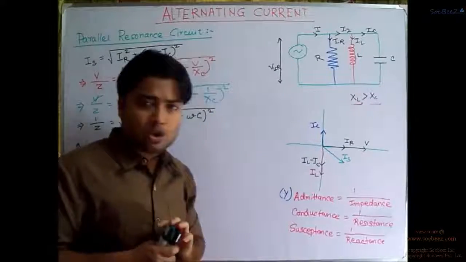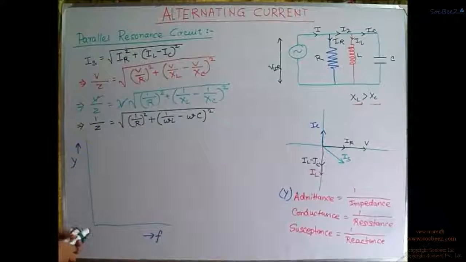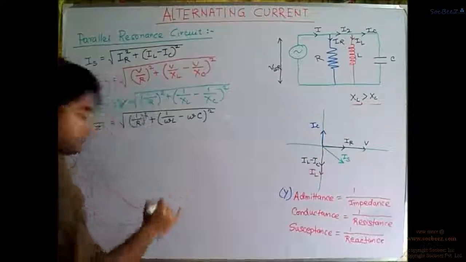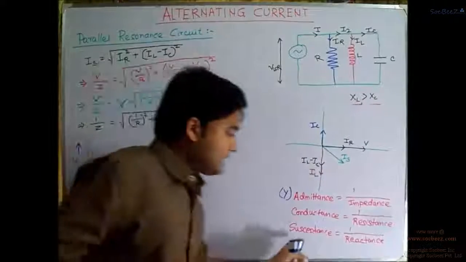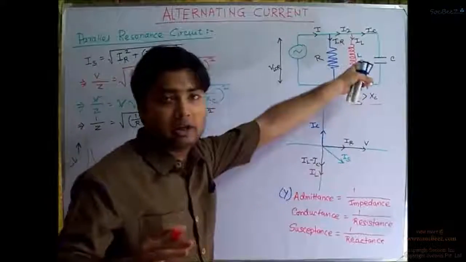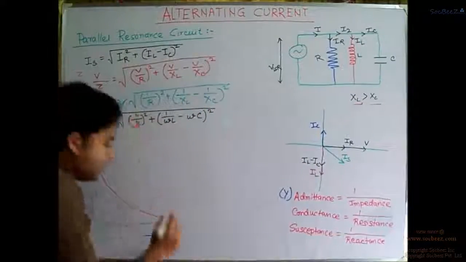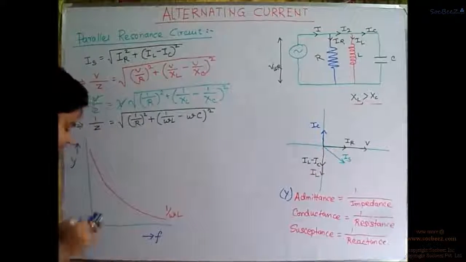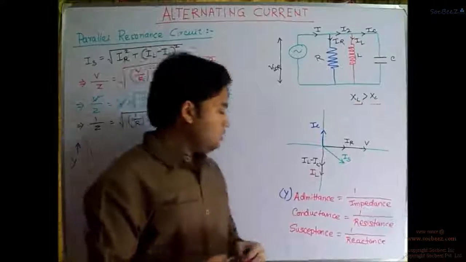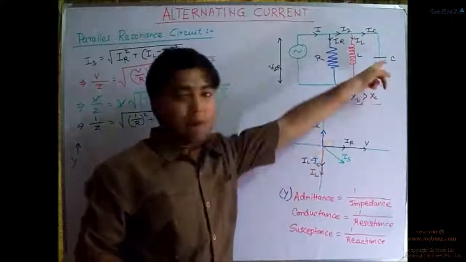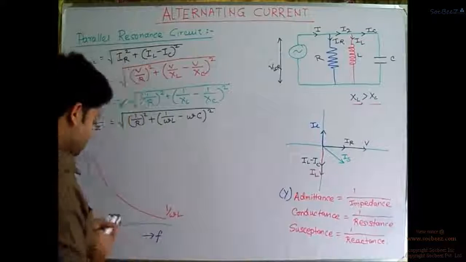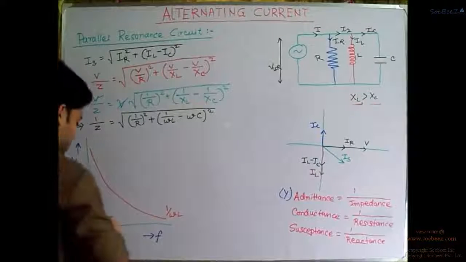So applying these concepts over here, this will be the graph for the susceptance of the inductor, which simply is equal to 1 divided by omega L. Now, the susceptance for this capacitor will simply be equal to omega C, right? The graph for omega C will look like this.